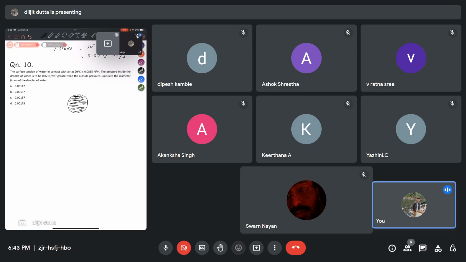If we cut this water droplet into two parts, after dissection of the water droplet, we will get something like this. This is filled with water, and this is the whole water droplet.